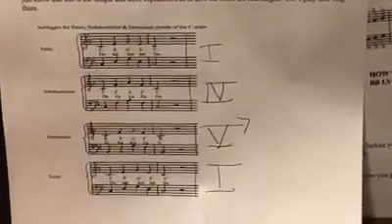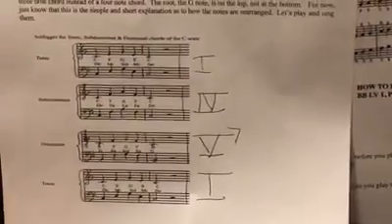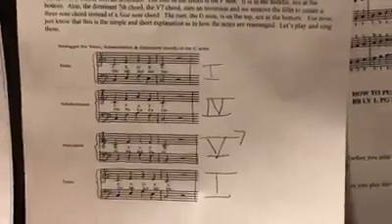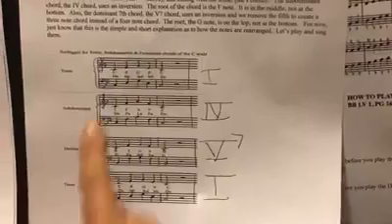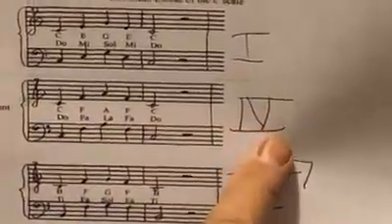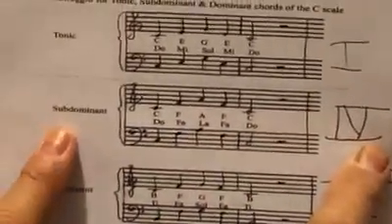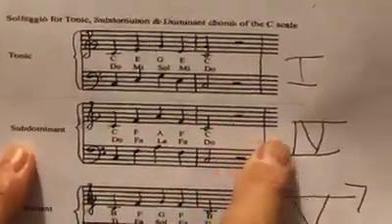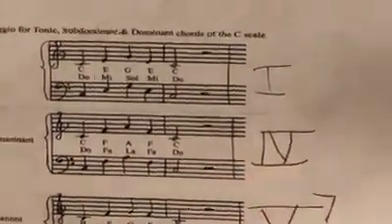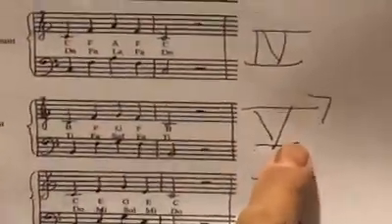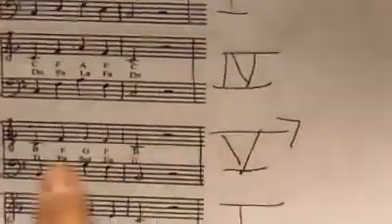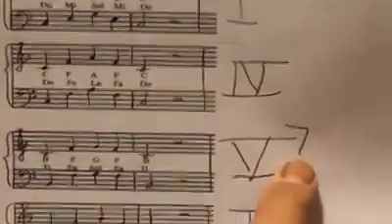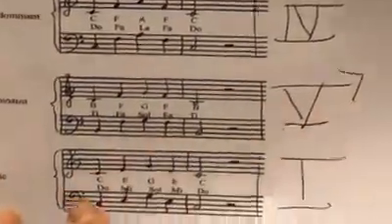The chords are as follows: the tonic, or the 1 chord, the subdominant, or the 4 chord. This one uses an inversion, which we will discuss in a little bit. The dominant 7th chord, or the 5-7 chord. This one uses an inversion. And then back to the tonic.